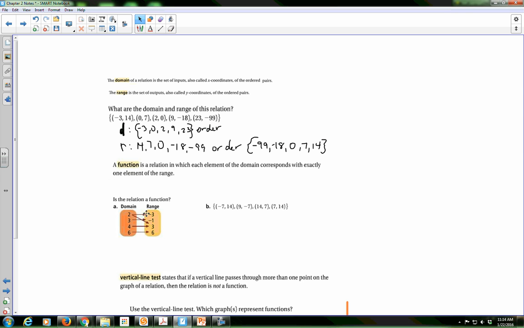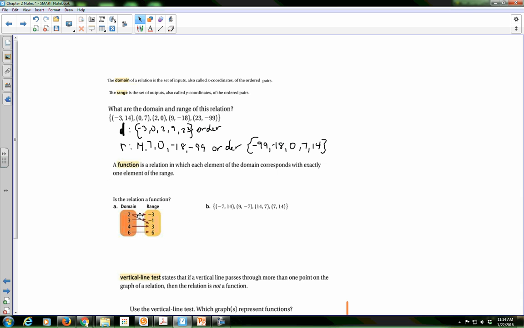So the rule of thumb is, two of the values in the domain can meet up at the same range value. But one domain value cannot have two range values.